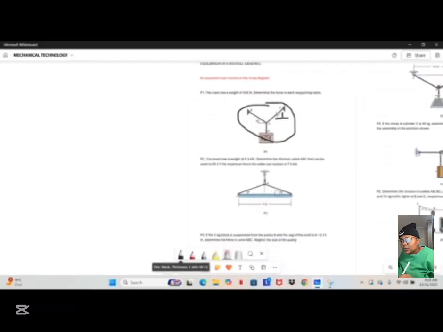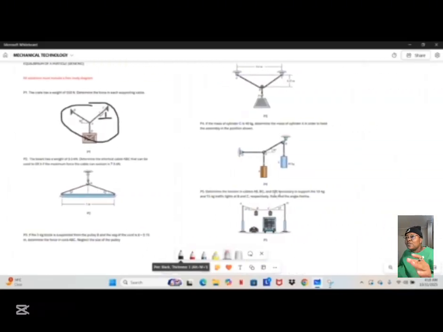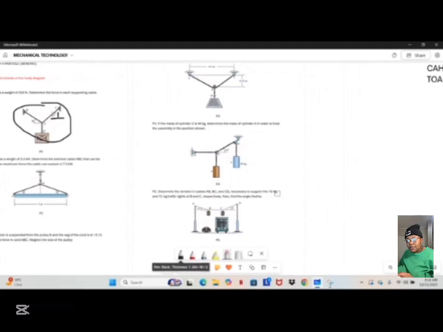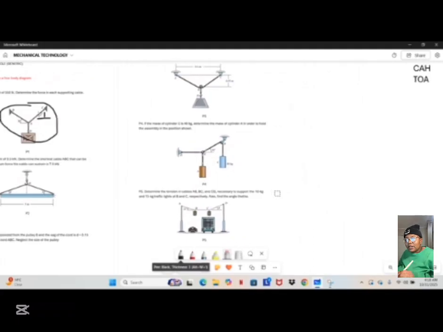Okay, so we're going to draw free body diagrams. That's the first step, and we haven't forgotten about our Sokoto.